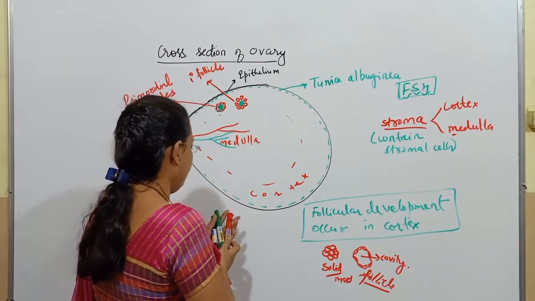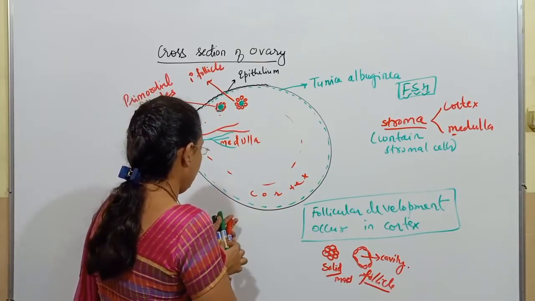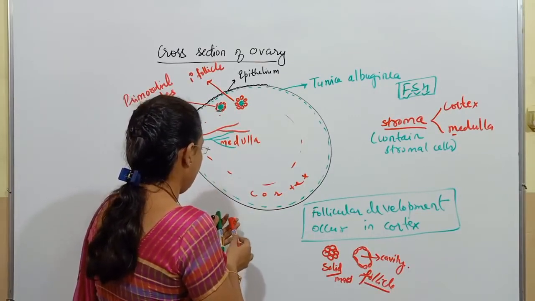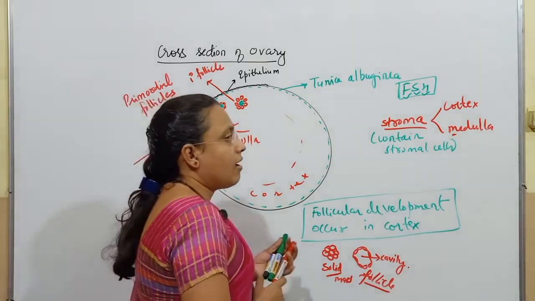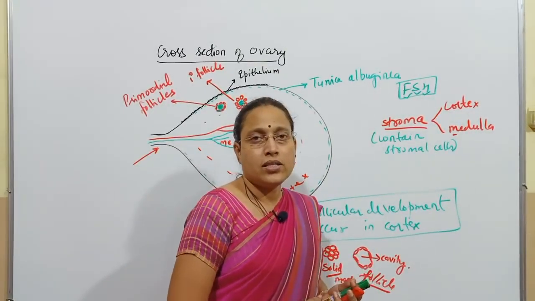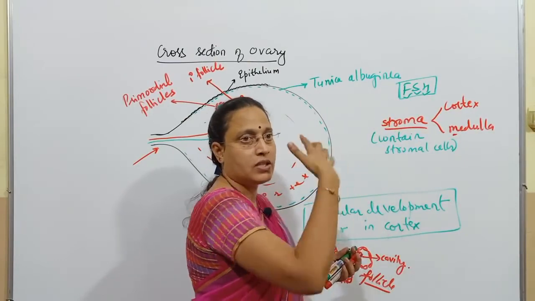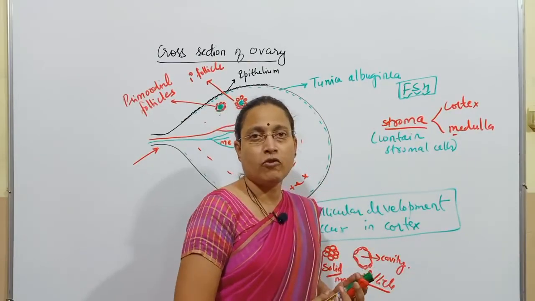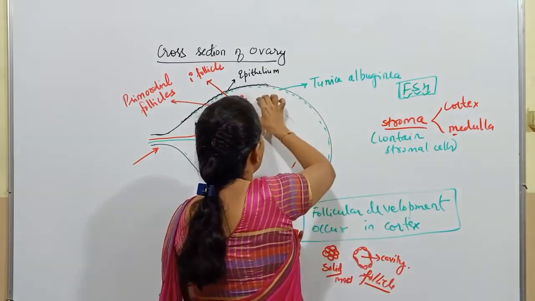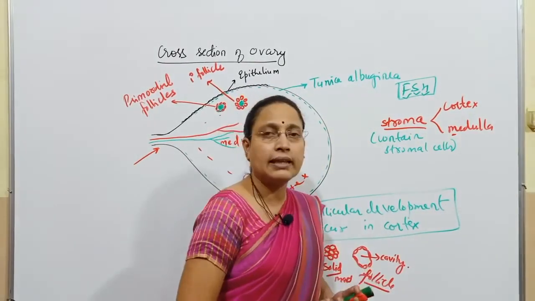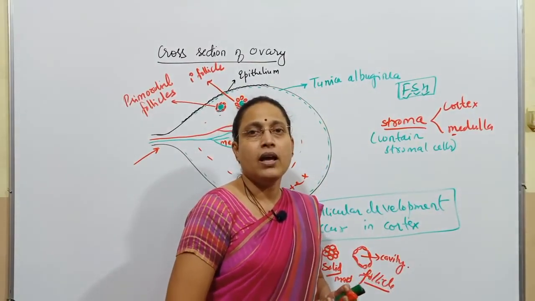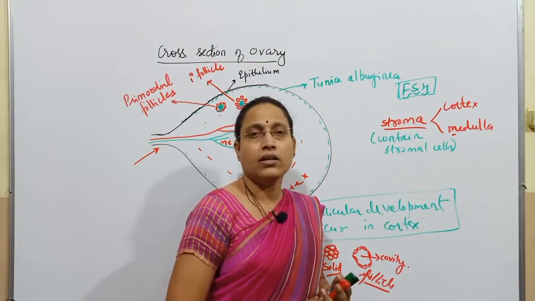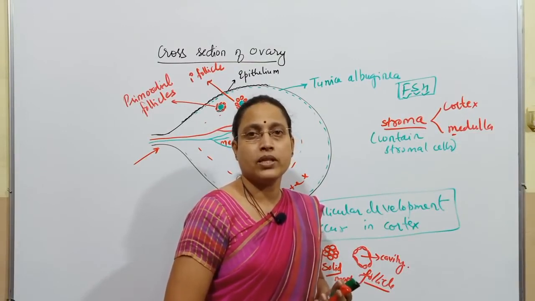Now as puberty starts, the development of follicles starts. You should know when it will start developing into primary, secondary, tertiary, Graafian, like that. It will start when a female starts attaining puberty.